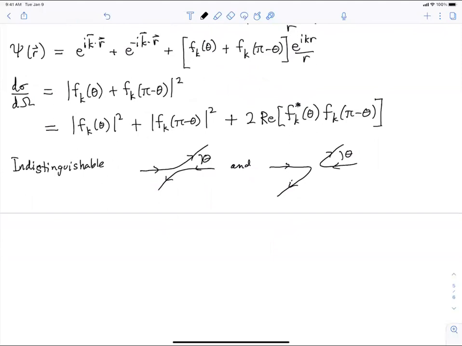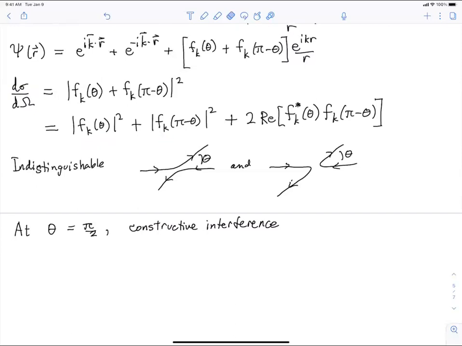So one interesting thing that comes out of this is, let's say I look at right angles to the beams, at theta equals pi over 2, then we're going to get constructive interference. And all that means is that if I look at this term and this term, those are actually going to be the same if I plug in theta equals pi over 2.